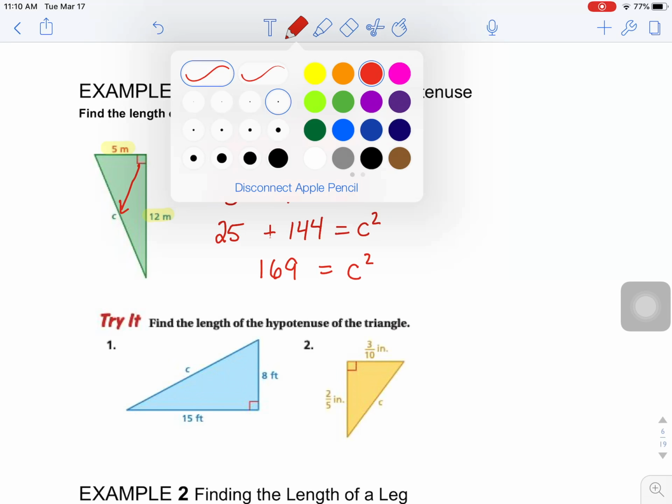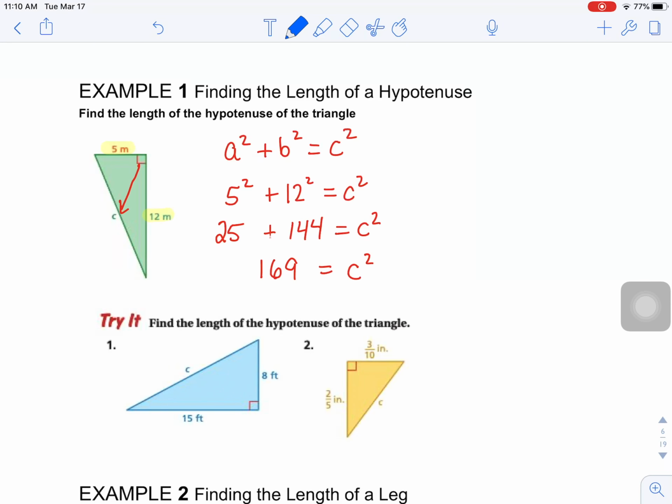And then just like we did in the last lesson, to solve for c we're going to have to take the square root of both sides. Square and square root cancel. The square root of 169 is 13, so I get c is equal to 13. In this case, our hypotenuse will only be positive because you can't have a negative side length of a triangle.